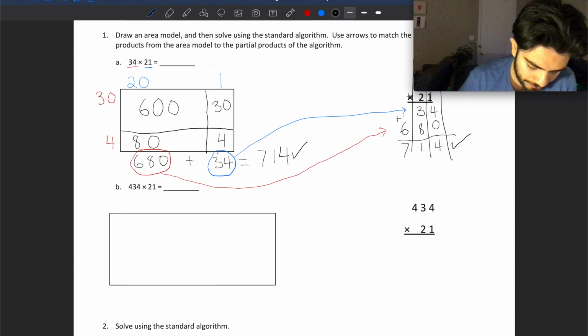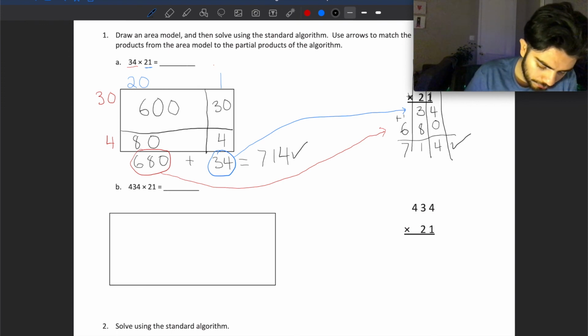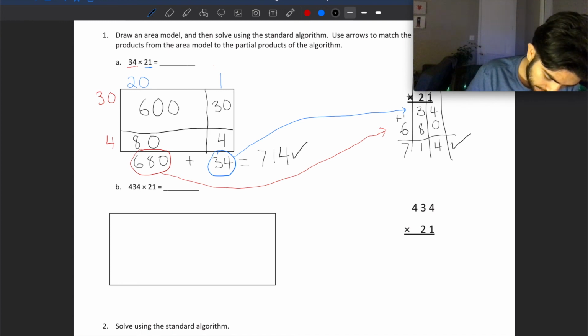Okay, so here's my area model. Now, what I'm going to do is simply put my numbers again over here, but now notice how I'm going to have 400, then I'm going to have 30, and I'm going to have 4.